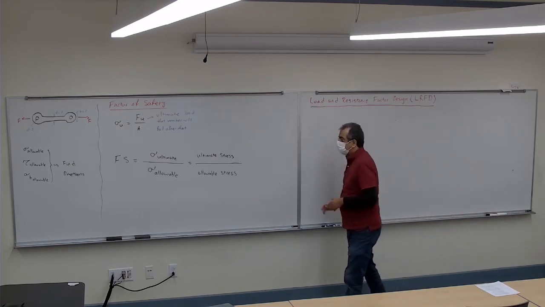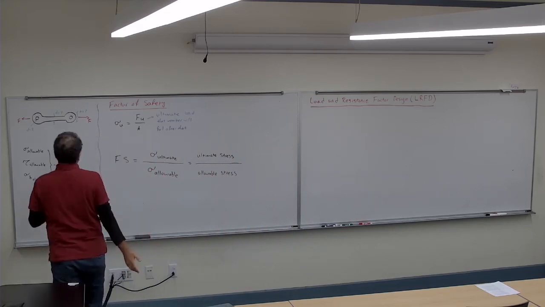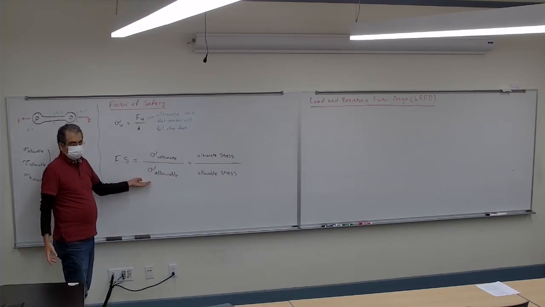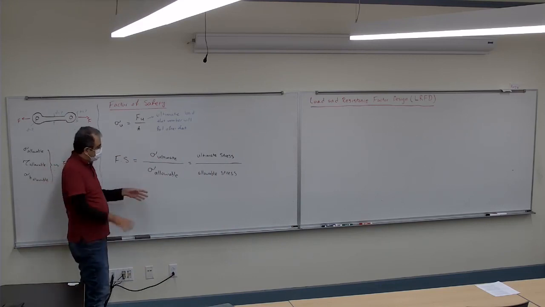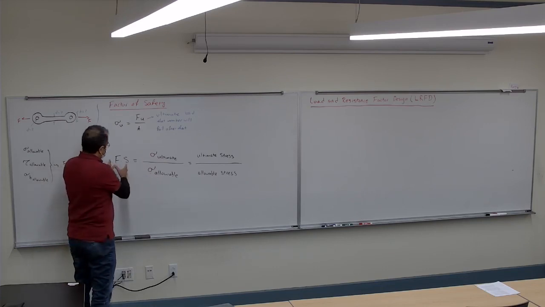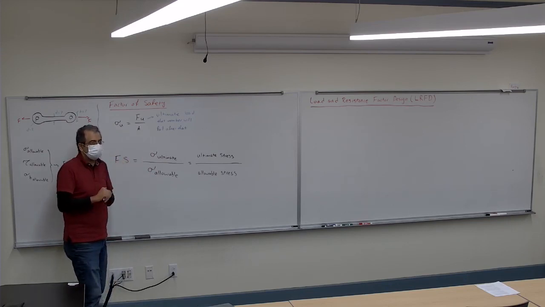So very quick, what did we hear with that factor of safety? What did we do? We decided what the factor of safety would be. Assume we decided, for example, the factor of safety is 2. If I choose the factor of safety is 2, what does it mean?